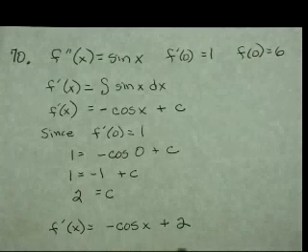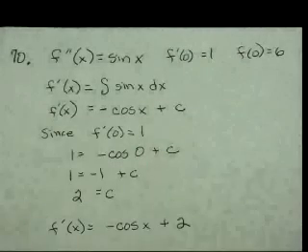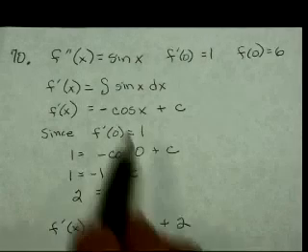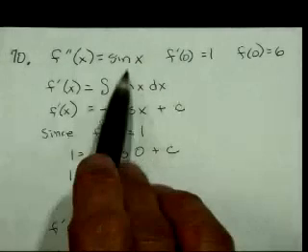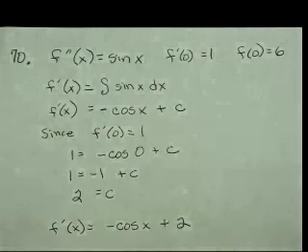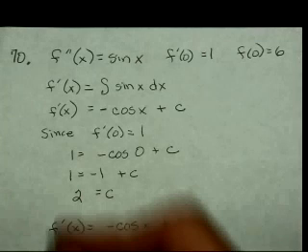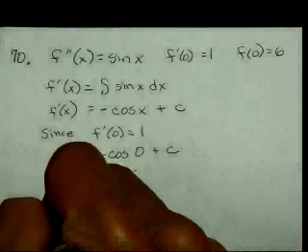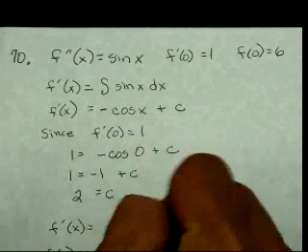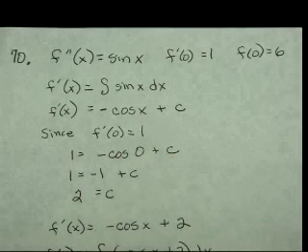If you take the derivative of that, do you just get sine x? Yes, if you take the derivative of negative cosine x, you just get back sine x. So far, so good. But now we don't want just the first derivative, we want the original function. So f of x would be the antiderivative of negative cosine x plus 2 with respect to x.